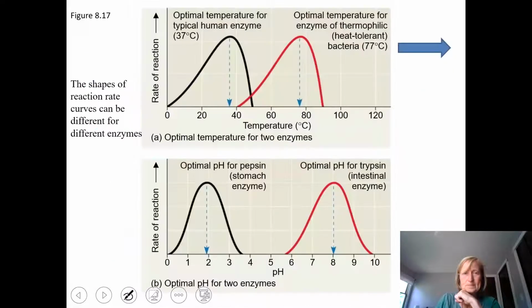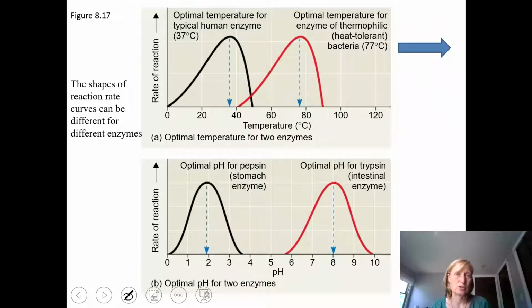Yes, of course there are, right? Think about temperature. Temperature can cause a protein to change shape. If you heat up a protein, the three-dimensional shape of that protein can fall apart.